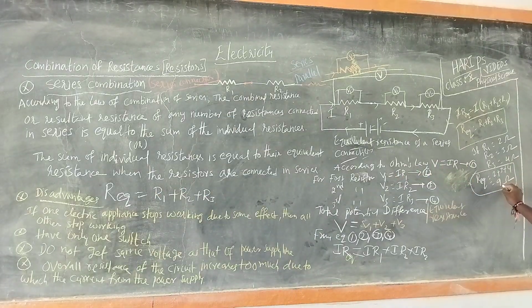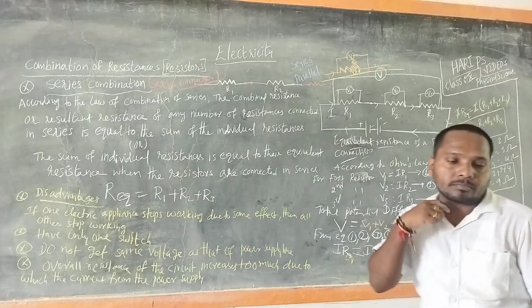So 9 ohms is more than the resistance of R1, more than R2, more than R3.